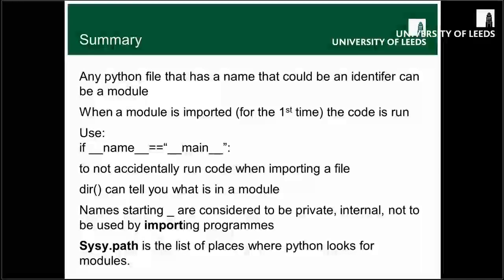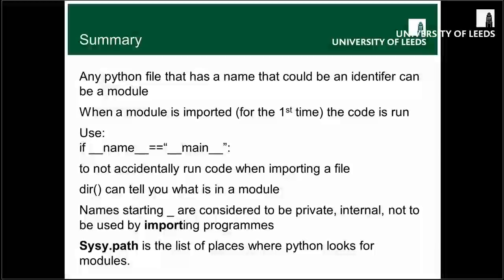and the other thing that we didn't actually mention but sort of follows is that any name that starts with an underscore is generally considered to be a private or internal function or variable, not something that you should be using by importing it in the script that's doing the importing. This, I should say very clearly, is a convention.